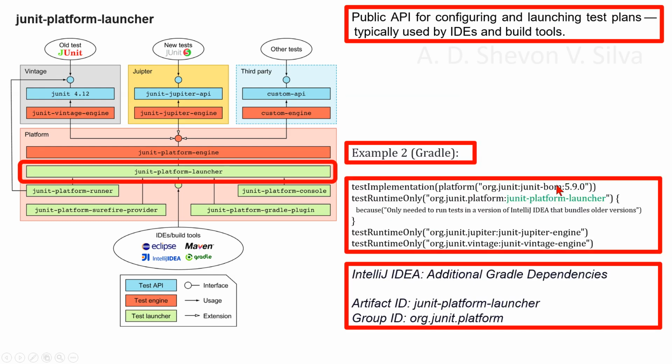As an additional Gradle dependency for IntelliJ IDEA, we can consider this code segment as example 2 with Gradle. You can see the artifact ID junit-platform-launcher here, in the group ID org.junit.platform.